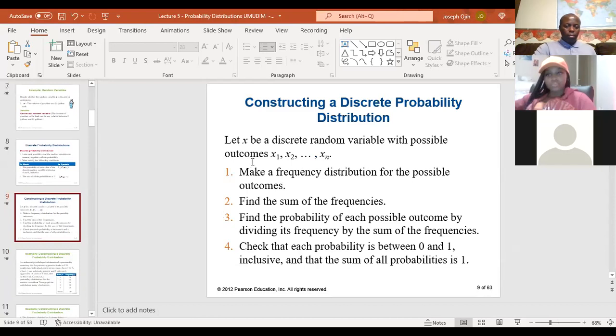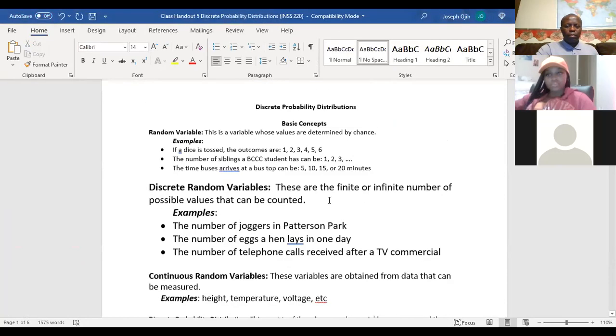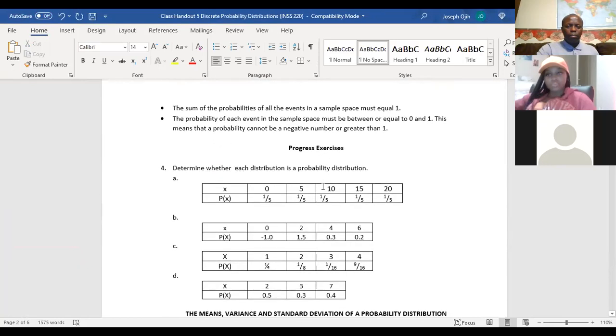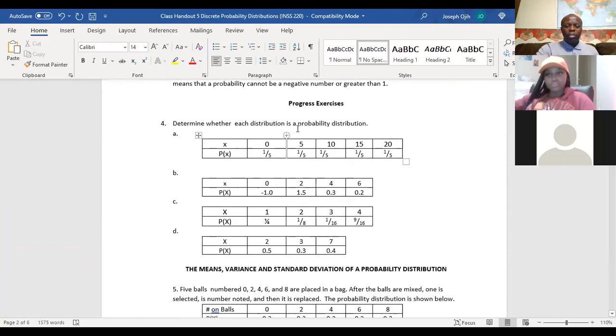So now I will show you an example here. If you look at what we have here, it says determine whether each distribution is a probability distribution.